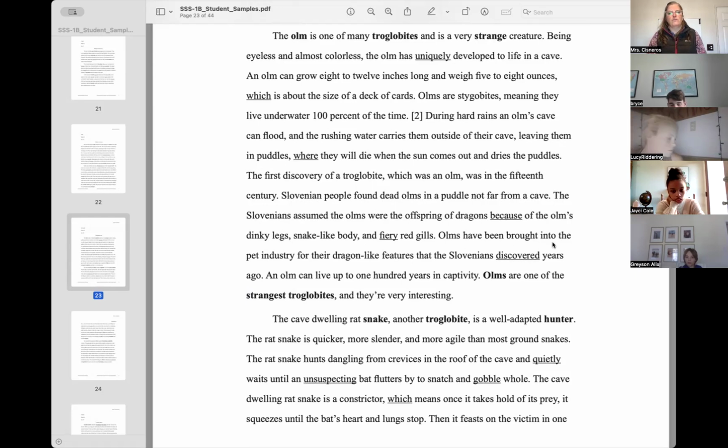Olms have been brought into the pet industry for their dragon-like features that the Slovenians discovered years ago. An olm can live up to 100 years in captivity. Olms are one of the strangest troglobites, and they're very interesting.